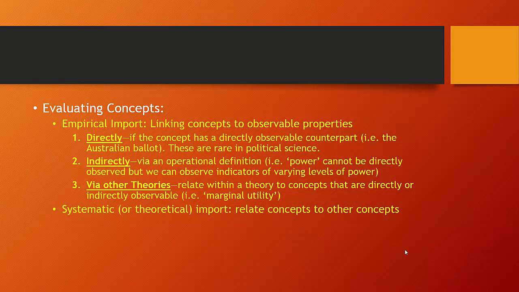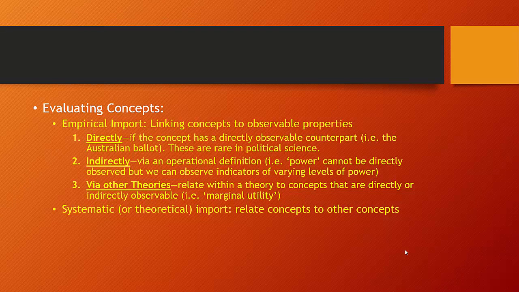We cannot observe power, but if we can observe behaviors that indicate the exercise of power, for example, the number of troops that a country has, the size and scope of its trading relationships, the number of diplomatic missions it has abroad, the number of diplomats it sends abroad, etc., we might be able to operationalize how we would measure the concept of power.